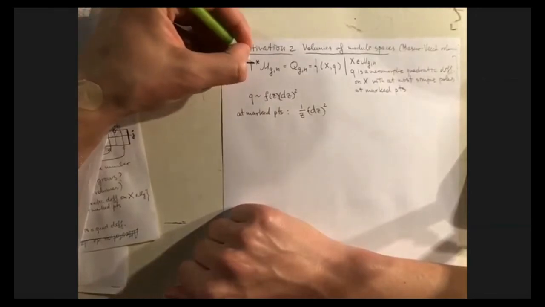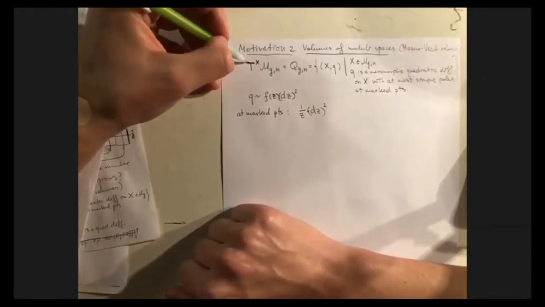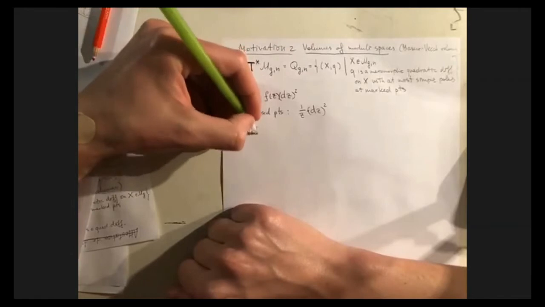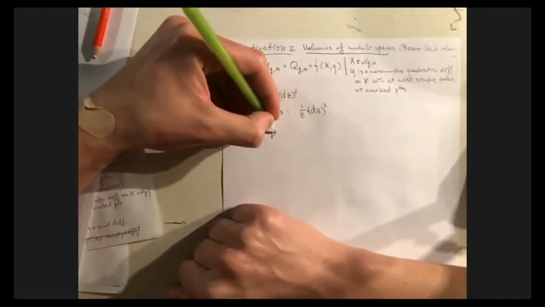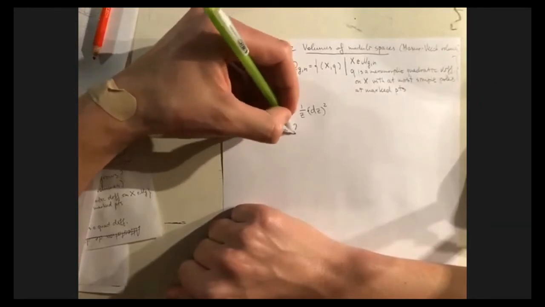Okay, so this space of quadratic differentials is a cotangent bundle, and a cotangent bundle has a natural symplectic form. So we can ask, what is the volume of this cotangent bundle with respect to this symplectic form?